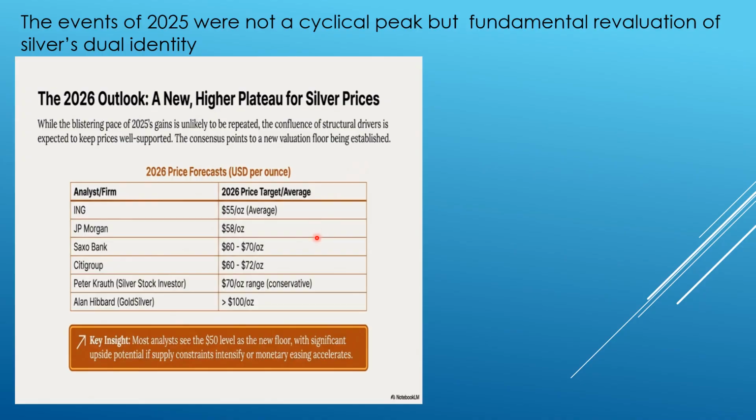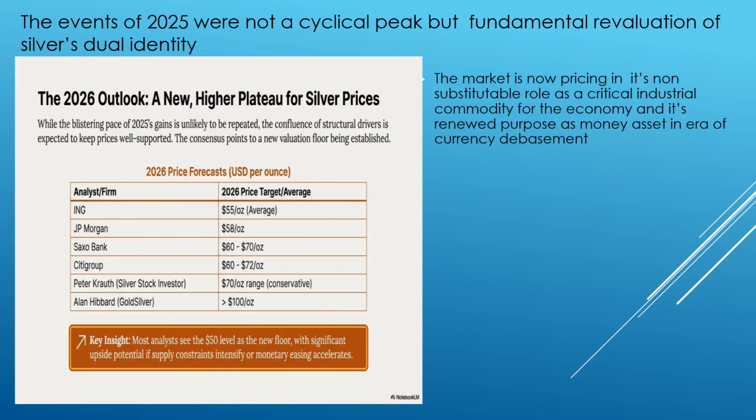This picture shows the price predictions for silver for 2026 by various institutions: ING, JP Morgan, Saxo Bank, etc. The key insight: most analysts see the $50 level as the new floor, with significant upside potential if supply constraints intensify or monetary easing accelerates.